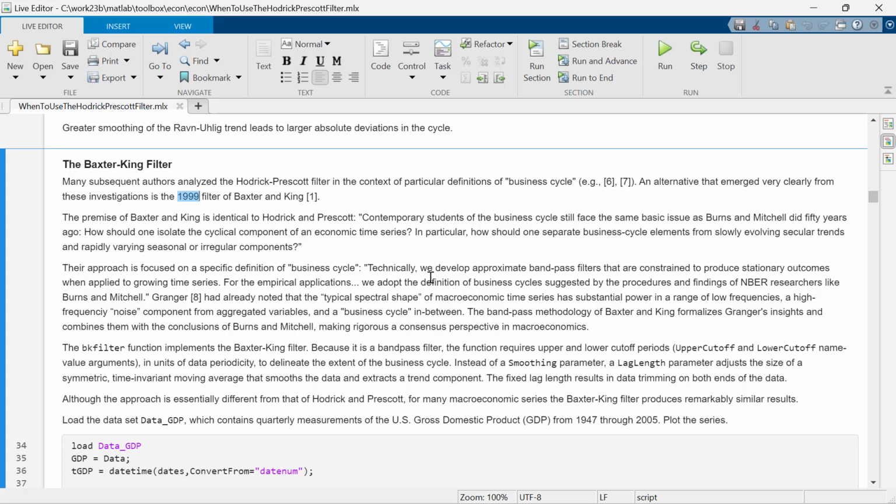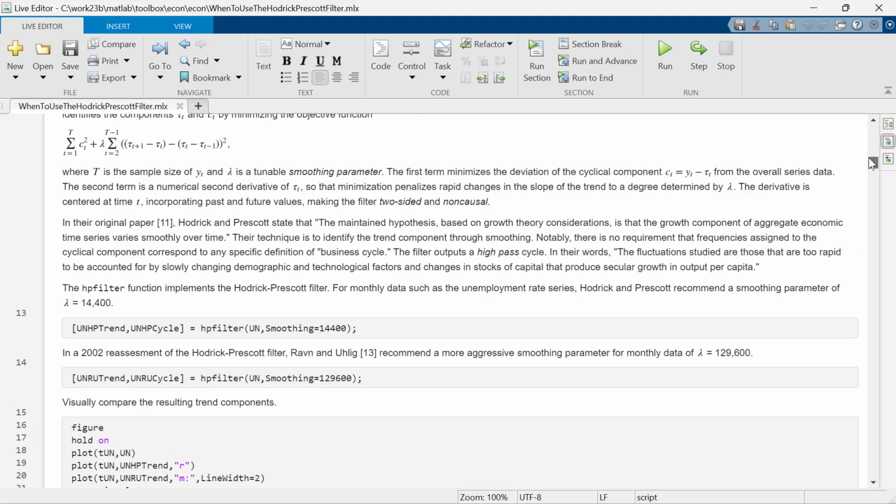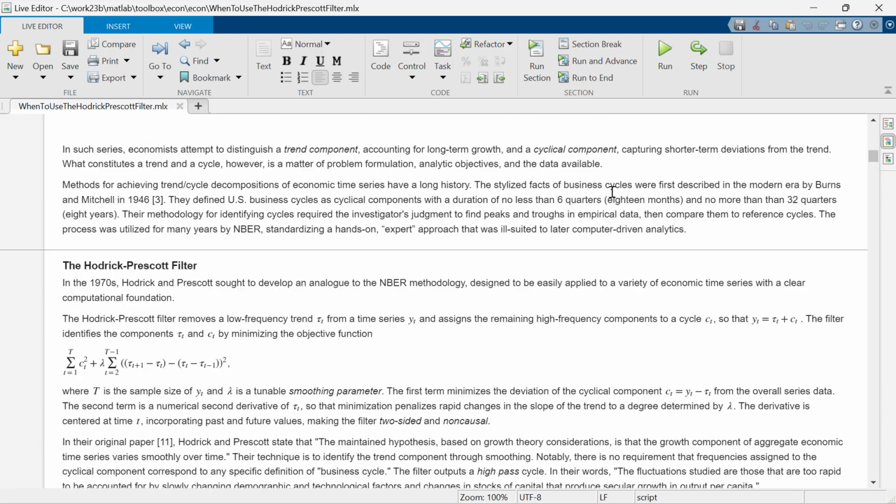And their defaults are to use the Burns and Mitchell cutoffs that we saw earlier here, between 6 quarters and 32 quarters, or 8 years.